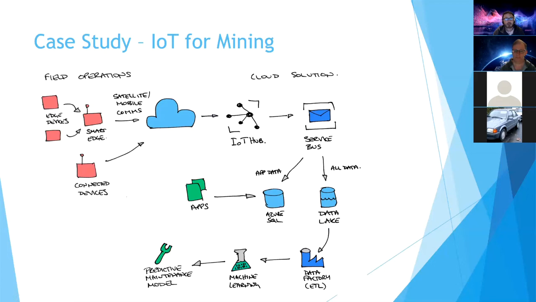So they've got all sorts of pipelines, equipment, all those sort of things in the field, and these are all transmitting telemetry. Sometimes they're connected via a SIM card and they're just transmitting all the time. Sometimes they're in the middle of nowhere and they have to wait for a satellite to go over. So they tend to have a smart edge device that gathers up the day's worth of data and then tries to burst it in one go.